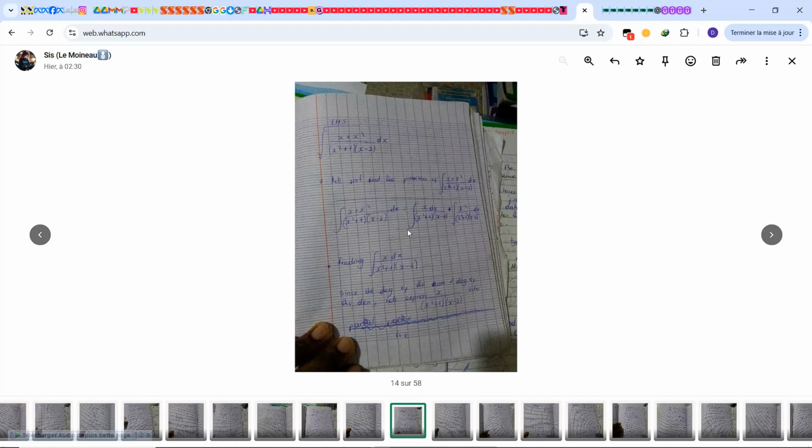You waste time expressing 2 things in partial fraction during an exam, whereas somebody would just express this one in partial fraction and finish the exercise very fast. That's the error you made in this exercise. You understand what I'm saying?